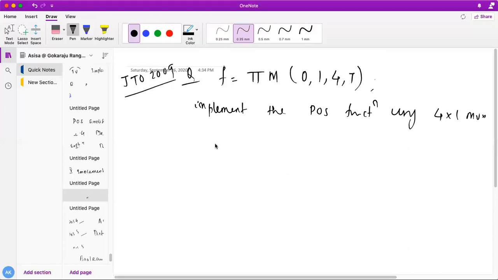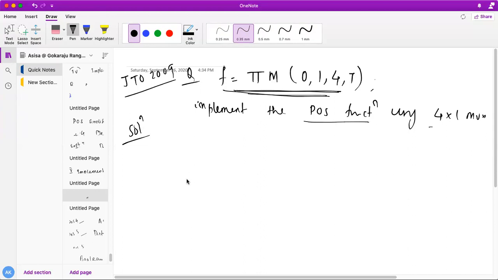If this type of question comes into the picture, what you have to do, students? The question is given in the POS form, and you need to implement the POS function using a 4x1 mux. Obviously it's given in the POS form, so you know how to find the SOP. Am I correct, students?